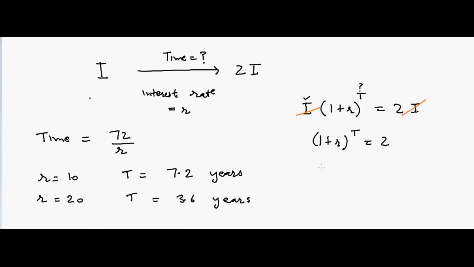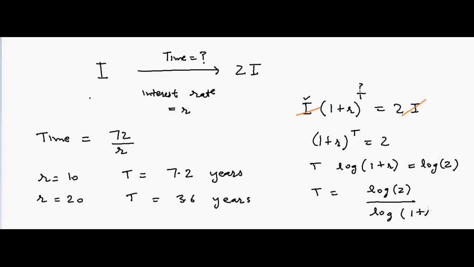Further, if you take log on both sides, it will be t times log of 1 plus R is equal to log of 2, or t is equal to log of 2 divided by log of 1 plus R.